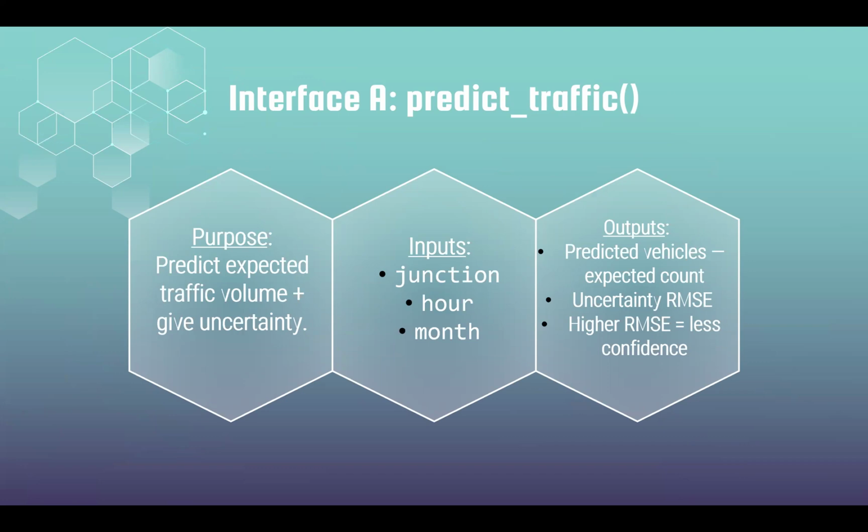For the user to be able to put in the junction, the hour, and the month, we added that to our module, so they can just call the function and input these variables. The outputs would be the prediction of the vehicle's expected count and any uncertainty RMS, and if the RMS is less confident.